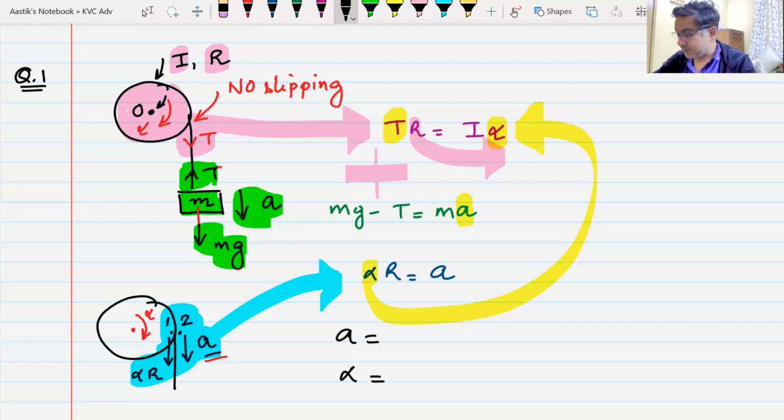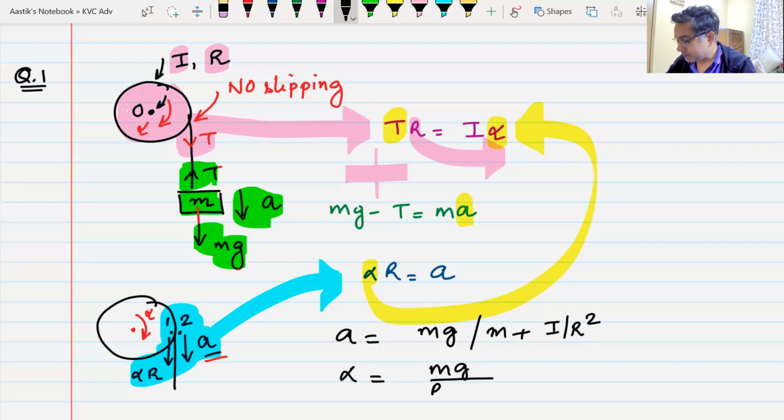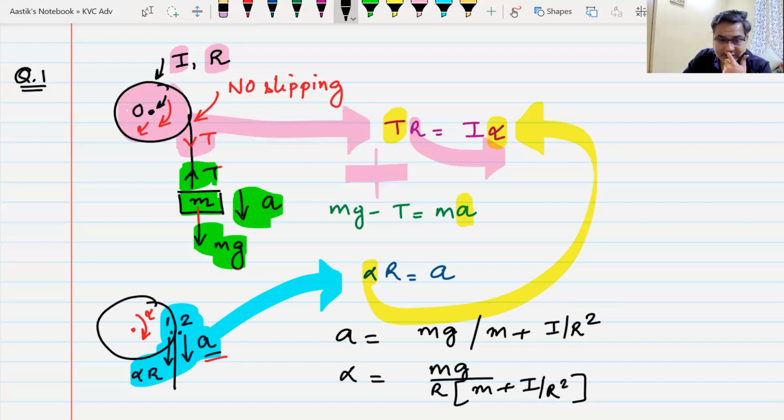Okay, so the answer would be this: mg divided by m plus I by r square. That is the value of your A. To get the value of alpha, you just divide the entire thing by r. So mg by r into m plus I by r square. That would be the answer that you would be getting.